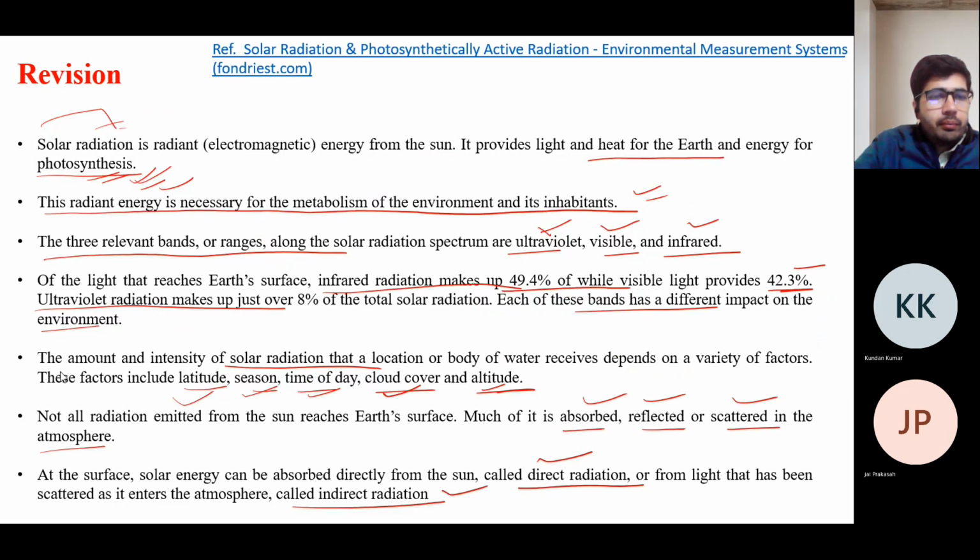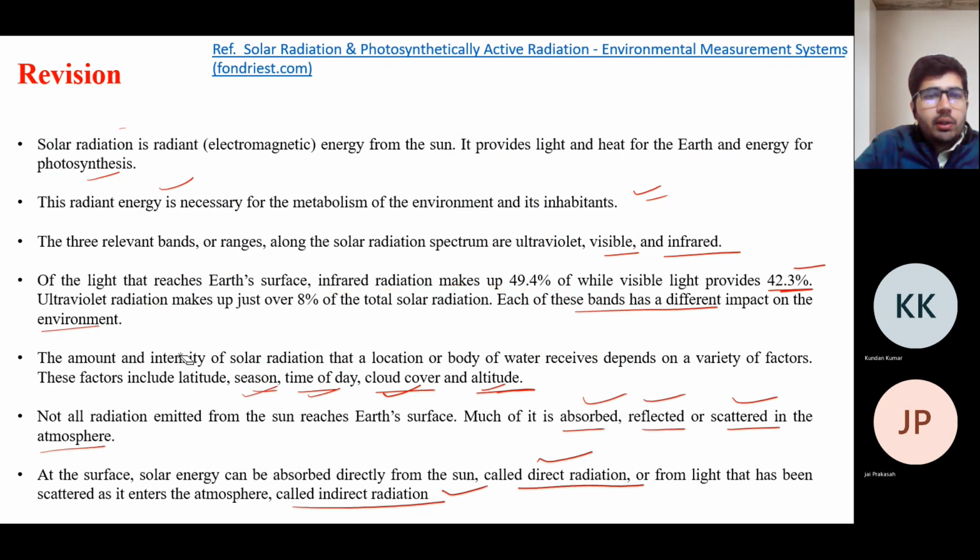These are some basics about solar radiation. In this slide, we have seen that solar radiation is the radiant energy from the sun, and it provides light and heat for the earth and energy for photosynthesis. It's very essential for the metabolism of the environment and its inhabitants. There are three bands or ranges: ultraviolet, visible, and infrared.